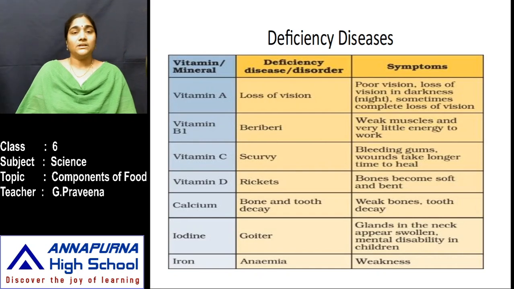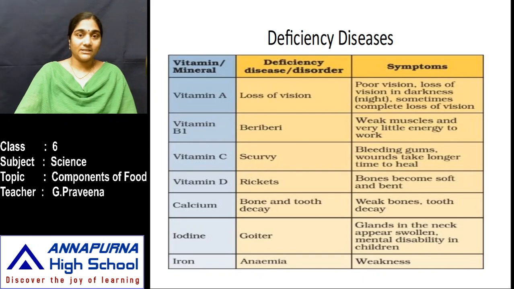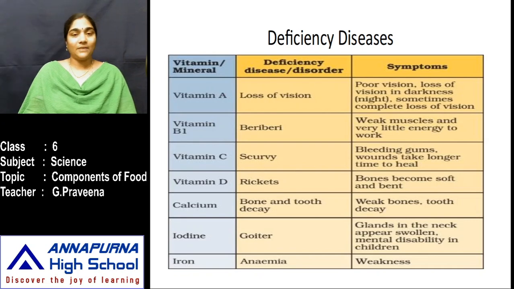Now let us discuss what are deficiency diseases. Deficiency diseases are those which are caused due to the lack of intake of nutrients for a long period. For example, if a person doesn't include carbohydrates in his diet for a longer period, that person will be thin and lean, and it is very difficult for that person to move.